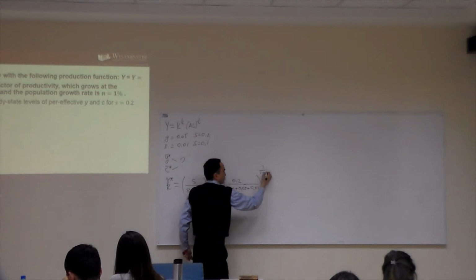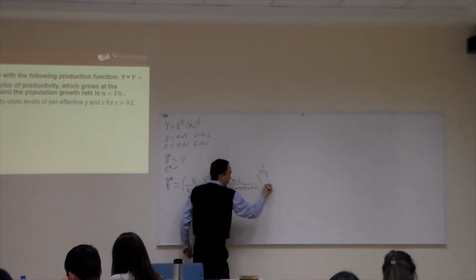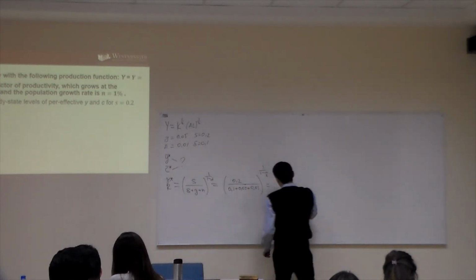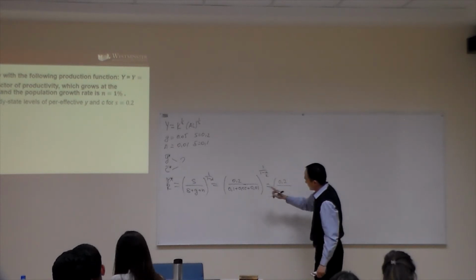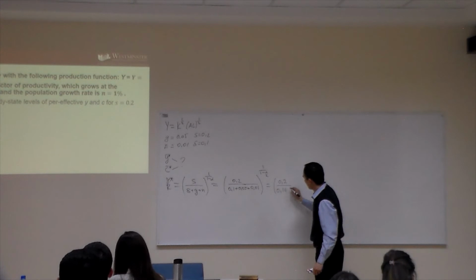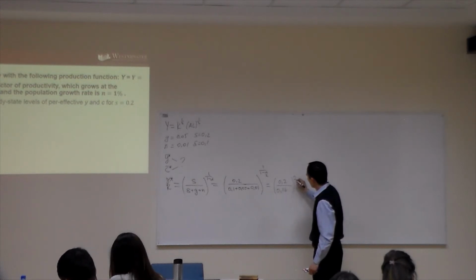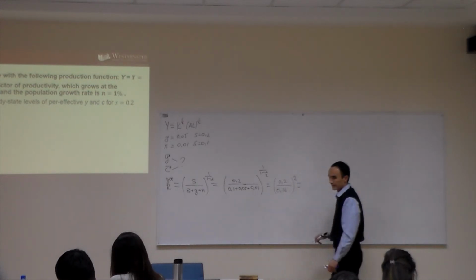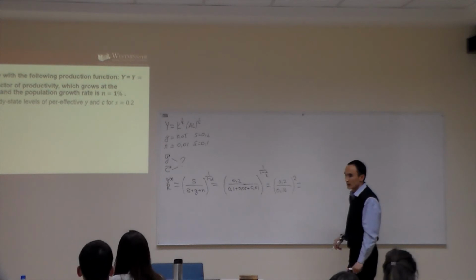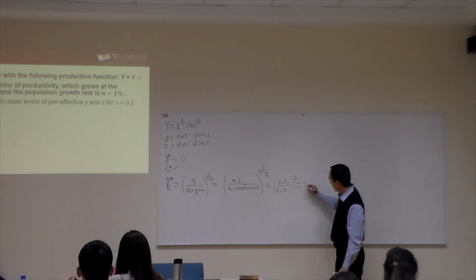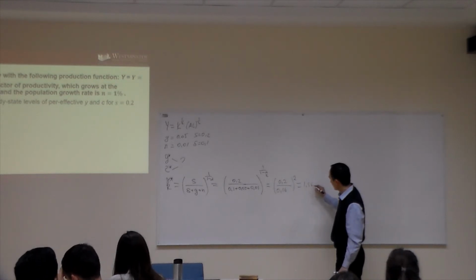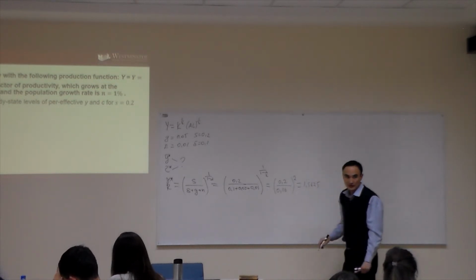Yes, 1 over 2. Or we can write it as 0.2 over 0.16, to the power of 2. So if I'm not mistaken, if you find this one, it's equal to 1.5625. Right? Is it?